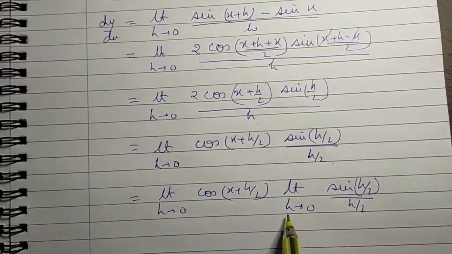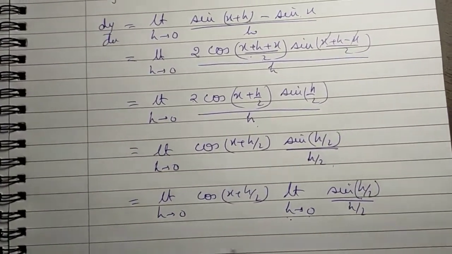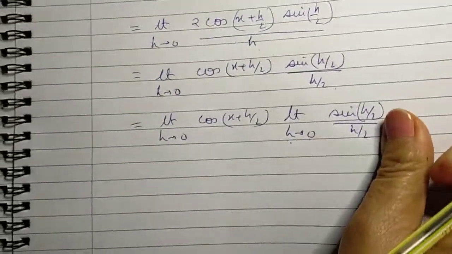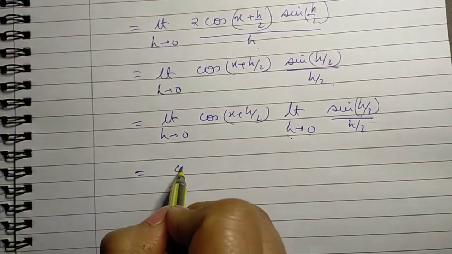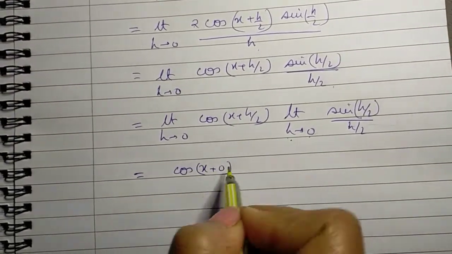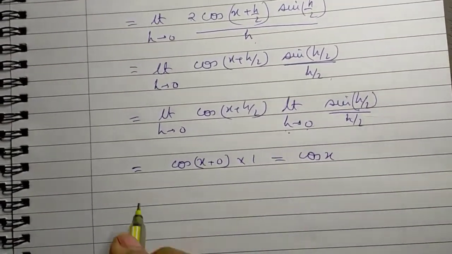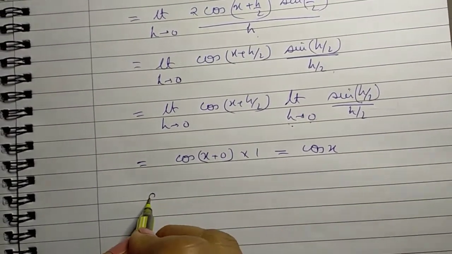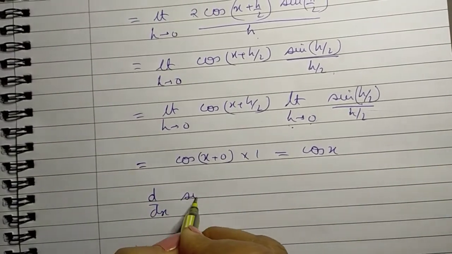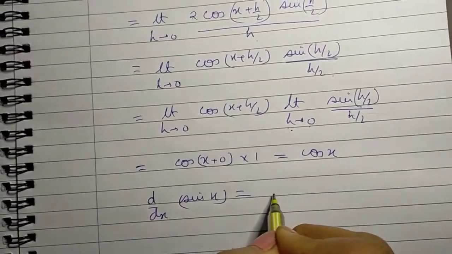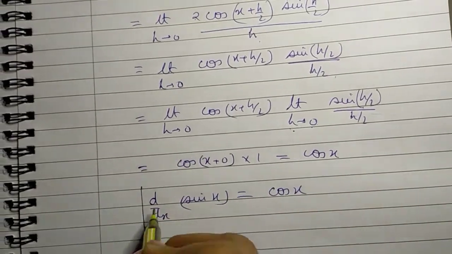In the limiting case, as h tends to 0, h by 2 also tends to 0, and so the result is cos of (x plus 0) into 1, which comes out to be cos x. Hence d by dx of sin x is equal to cos x.